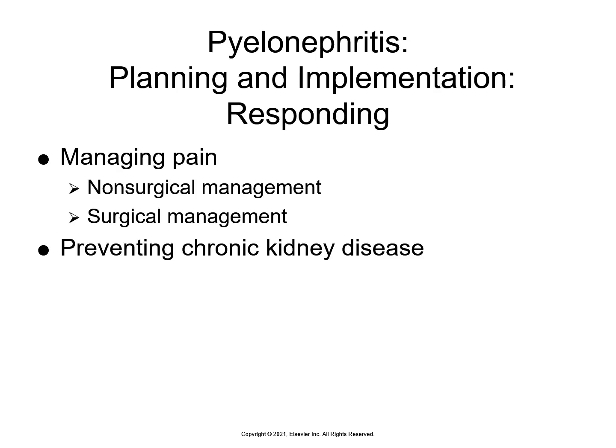Well, how do you plan for this? What are you going to do? What is your response to this? Like I said, you're going to manage their pain. They may possibly admit them to the hospital and give them antibiotics and fluids. How long they have to stay in the hospital depends on how quickly it clears up. While they're there, you're going to teach them to manage recurrent kidney infections.